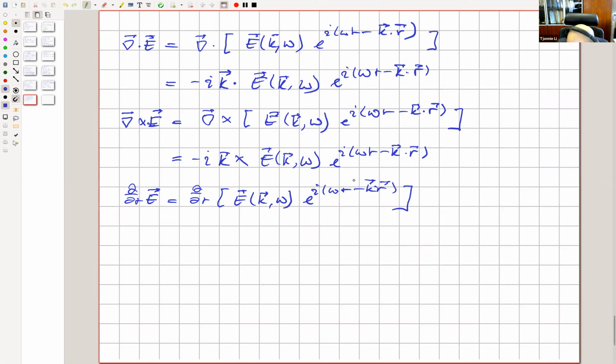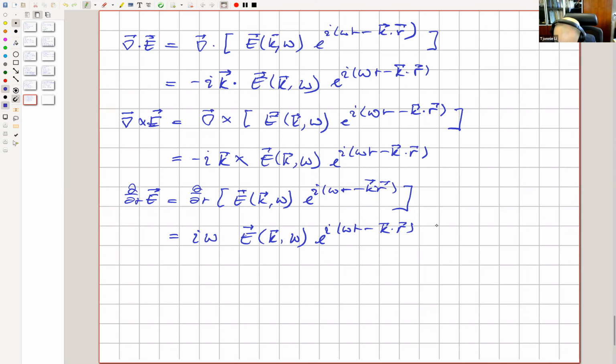So here we're taking the partial derivative with respect to t. That gives us i omega e to the i(omega t minus k dot r), like this.